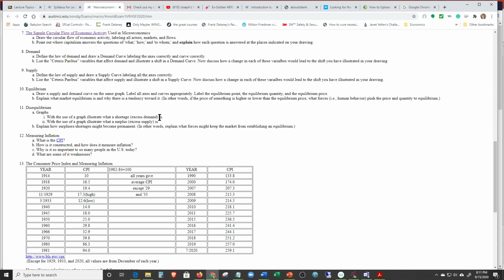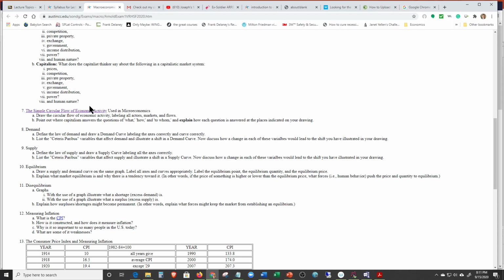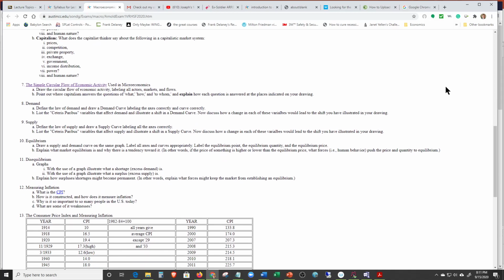But anyway, we were talking about how the market system allocates resources through price and profit signals, and we discussed demand, supply, and equilibrium. Now we're going to take a look at disequilibrium.